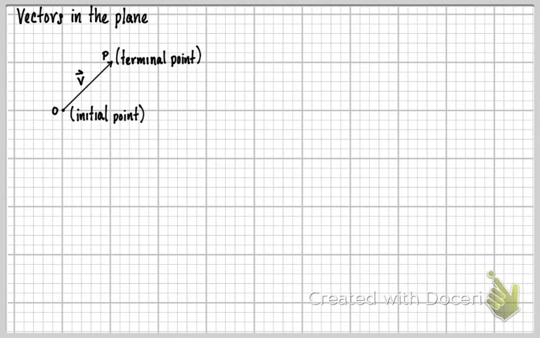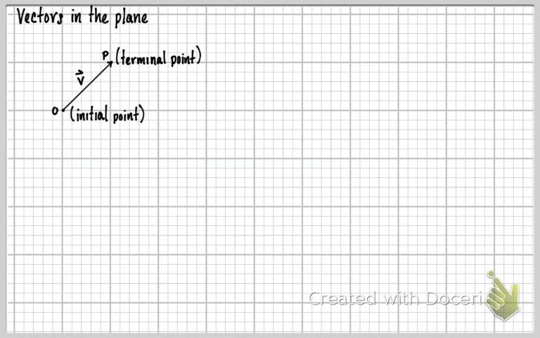The next thing I want to talk about is that this vector has a direction, and that's what this arrow represents. And it's this long. That's how long this vector is, and that length for a vector is called magnitude.